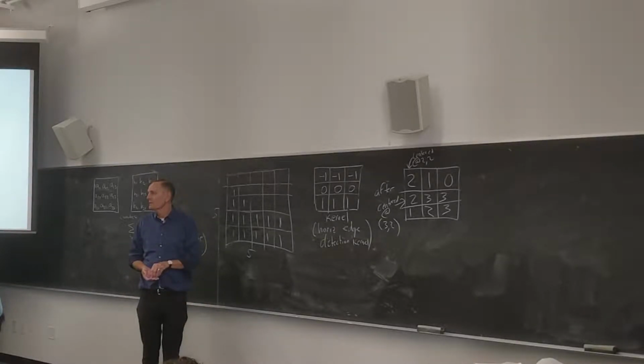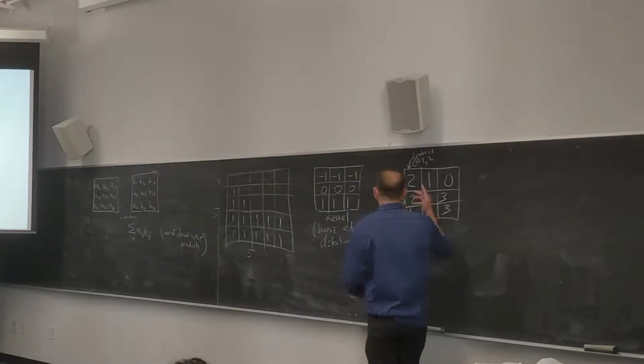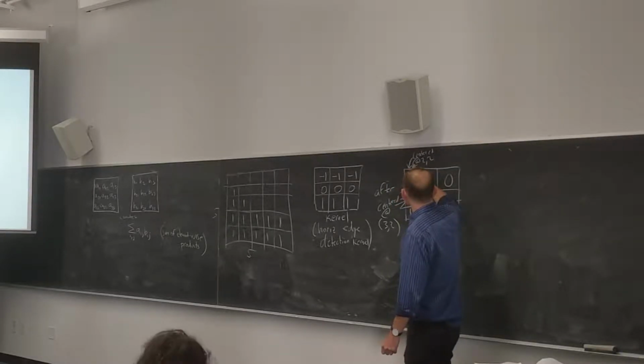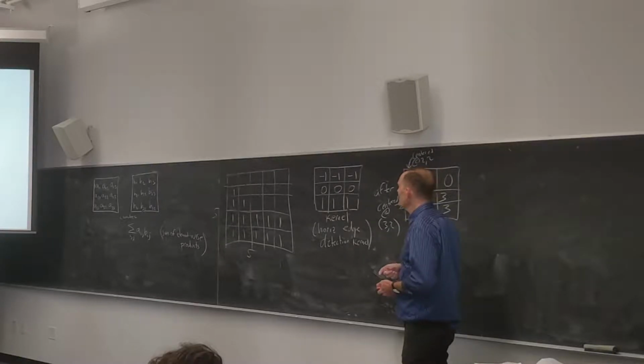You could add zeros. Okay, we could add zeros all around the edges, let's say. But why? Where? How did it get smaller? It's because we started centered at 2, 2. If we'd started centered at 1, 1 and we ended centered at 5, 5, we would have ended up with a 5 by 5. So let's try that.